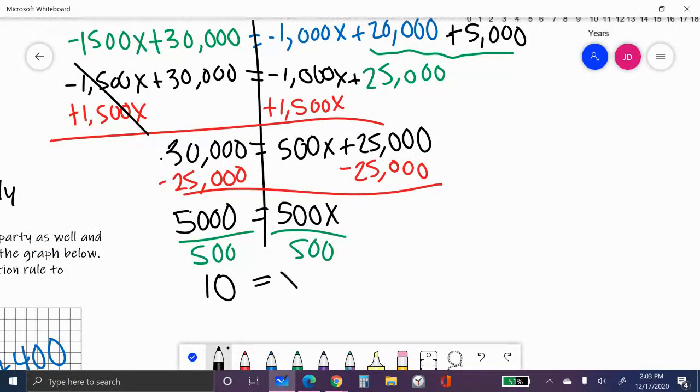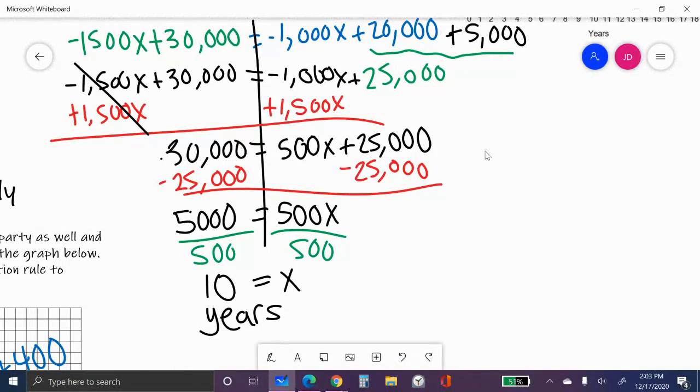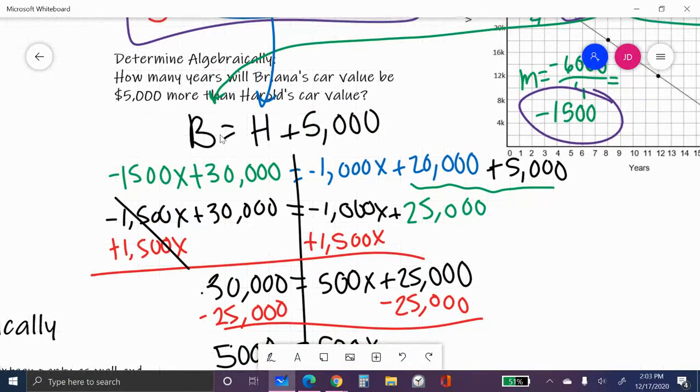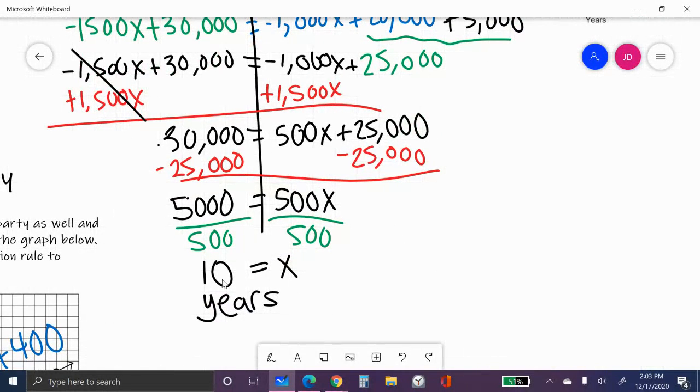So 10 is the number of years that Brianna's car is going to be worth 5,000 more than Harold's car. Okay, so that's your answer.